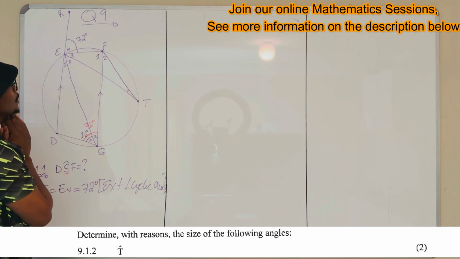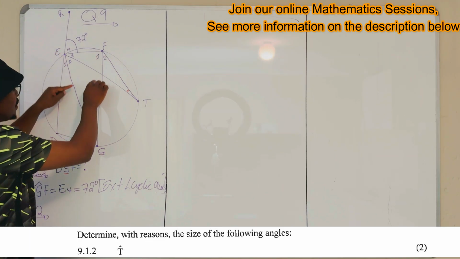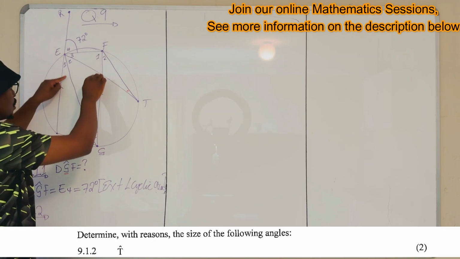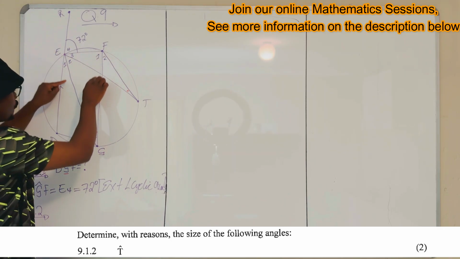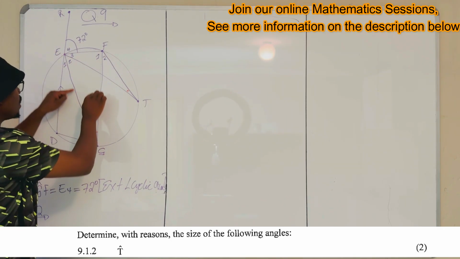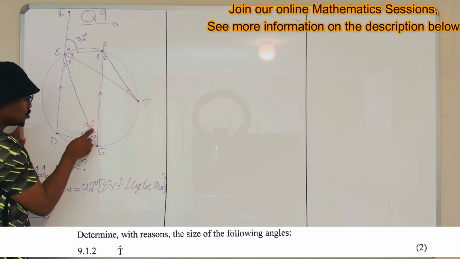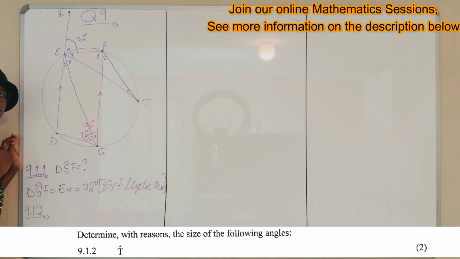No problem. But if you look at your EF, it also forms angle G2 over here. So EF forms angle G2 and also forms angle T. So this angle G2 and angle T are equal because those are angles in the same segment, angles that are subtended by the same chord.